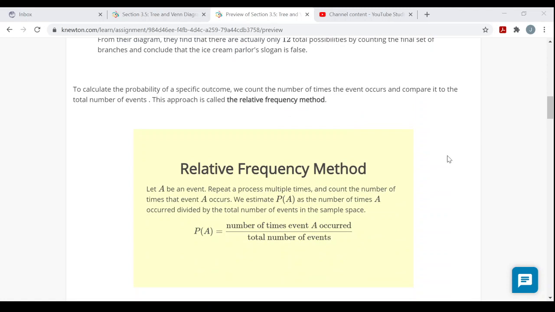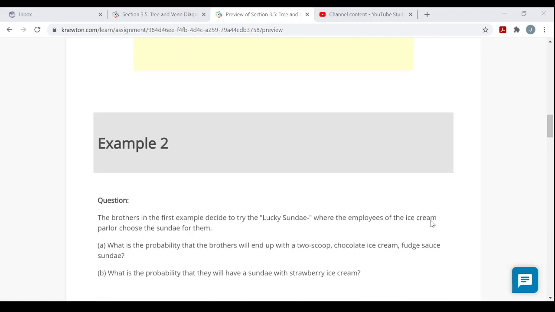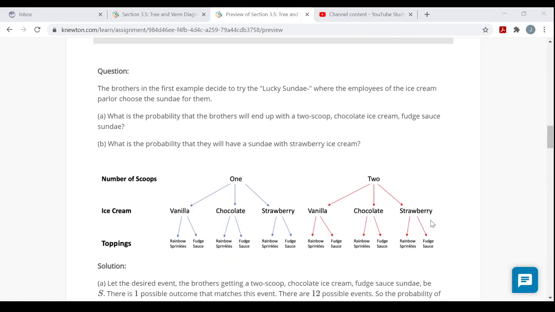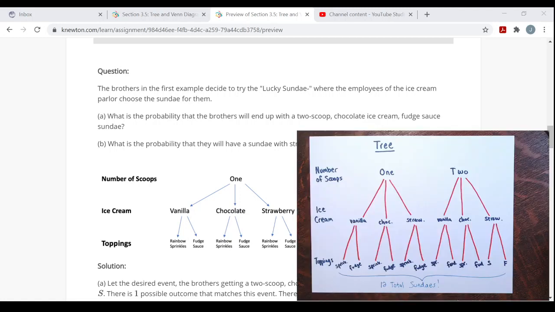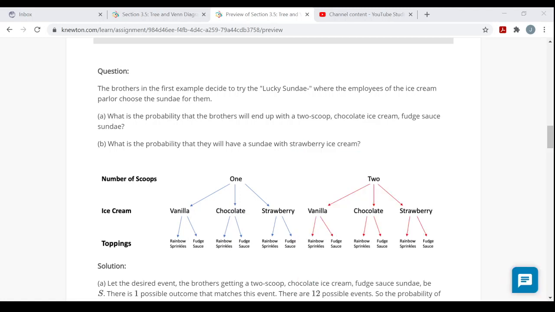And then this is just probability again. Remember, the probability of an event is the number of times that event can occur divided by the total number of outcomes in the sample space. We've seen this before. Then another example, they draw another tree. Take that same tree, which looks like the same tree that I just made on my paper, with the different sundaes that can be made.